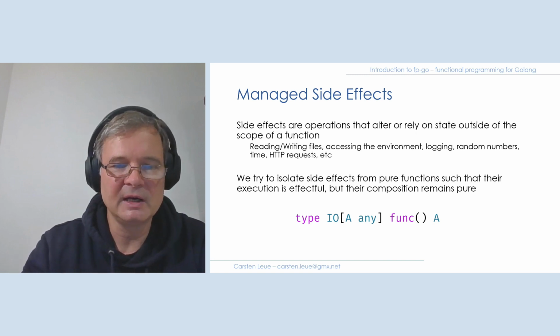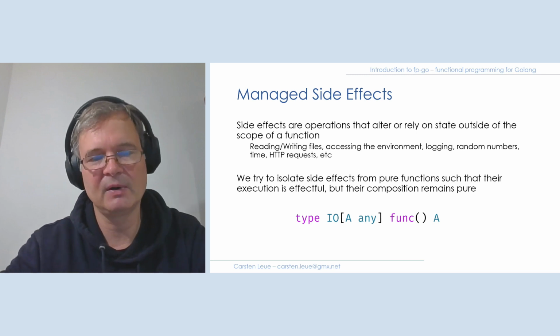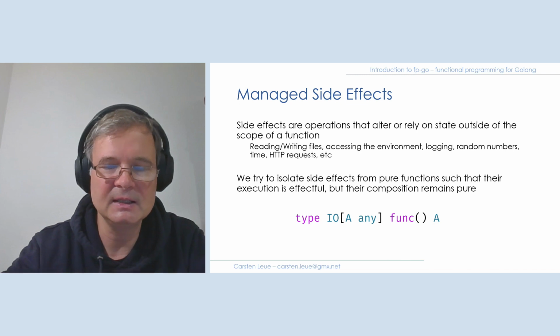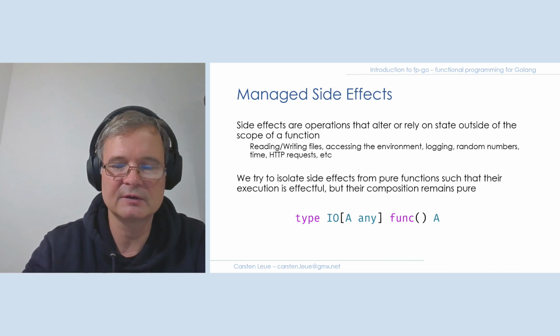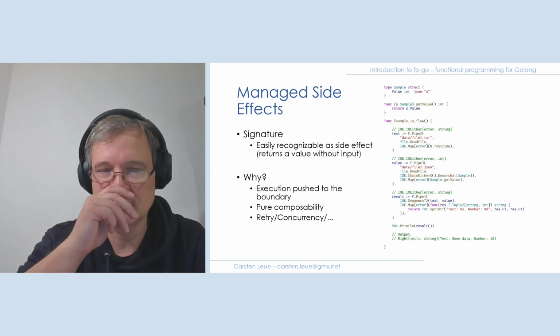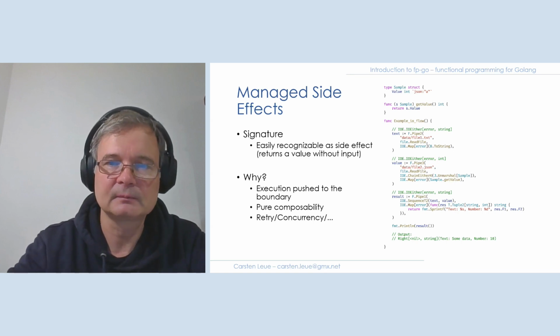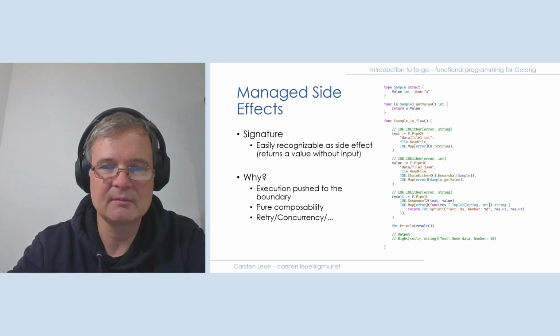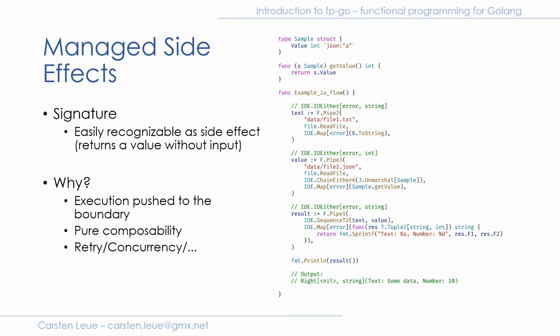And already by having this data structure plus all of the monadic operations on this data structure, we can easily separate out pure functions from side effectful functions. A quick example is here. This is an example that reads a number of files. And you can see the IOE prefix here stands for IO either.